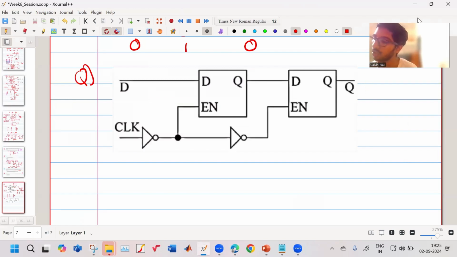So first, let us draw the truth table of a D flip-flop.